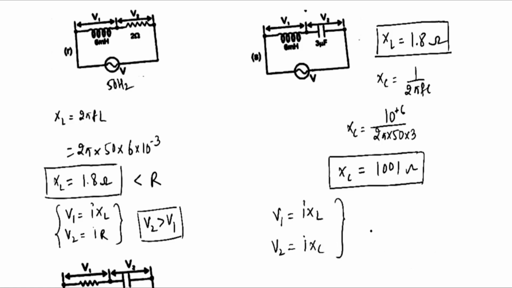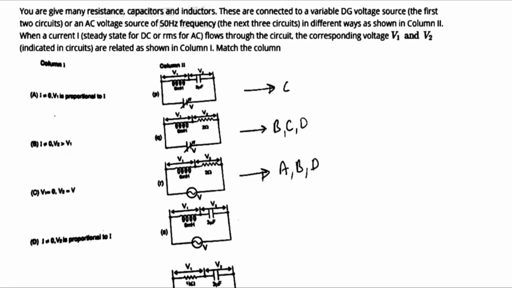So in the diagram, we will get V2 greater than V1, I is not equal to 0, and V1 and V2 are both proportional to the value of current. So according to that relation, statement A is correct.